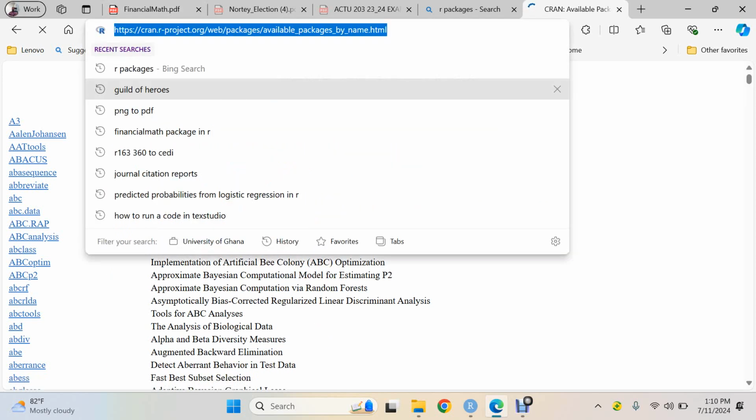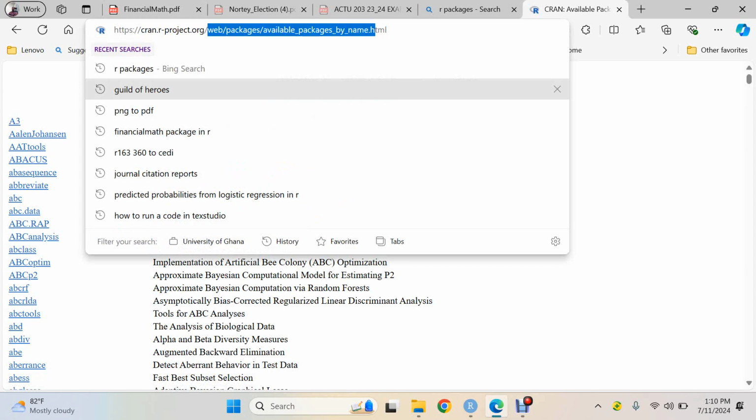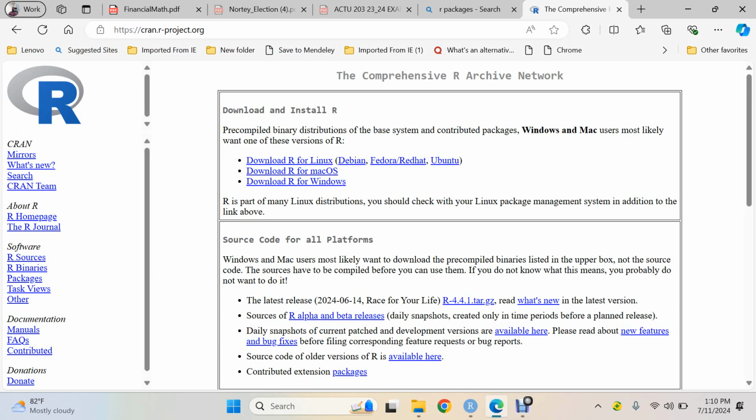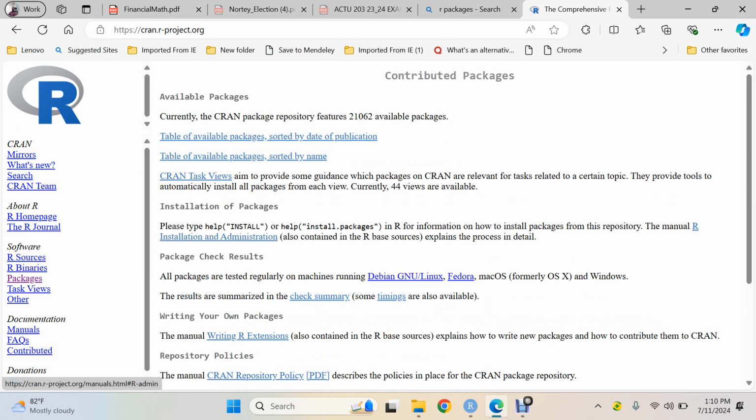I just want the CRAN page. Okay, then we go to packages. So in about 2 months, right? We started the class 2 months and 2 weeks ago, so less than 3 months. You see now how many we have? 21,062. Is that okay?